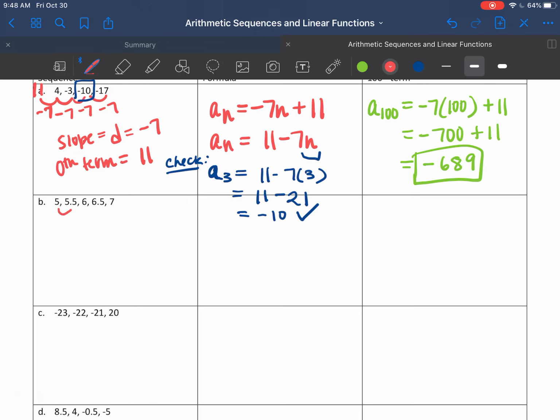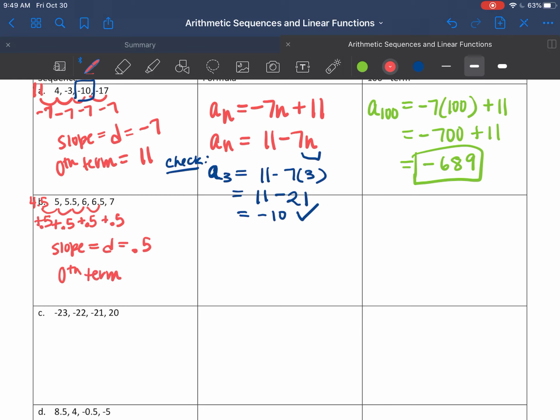Okay. For example B, we are adding 0.5, adding 0.5 again, adding 0.5 again. And so our slope, or our common difference, is 0.5. And then if we go back, what plus 0.5 would give us 5?